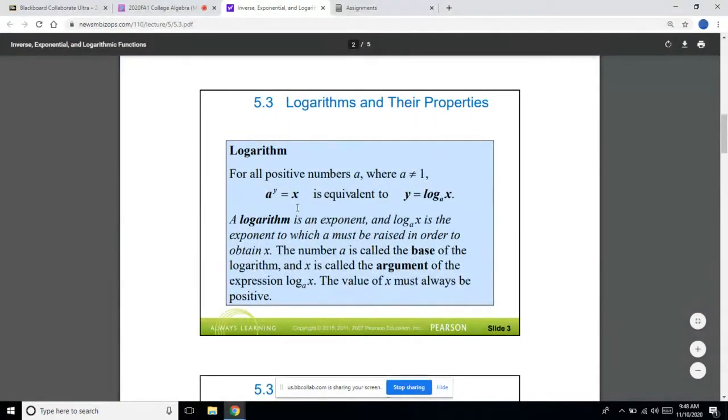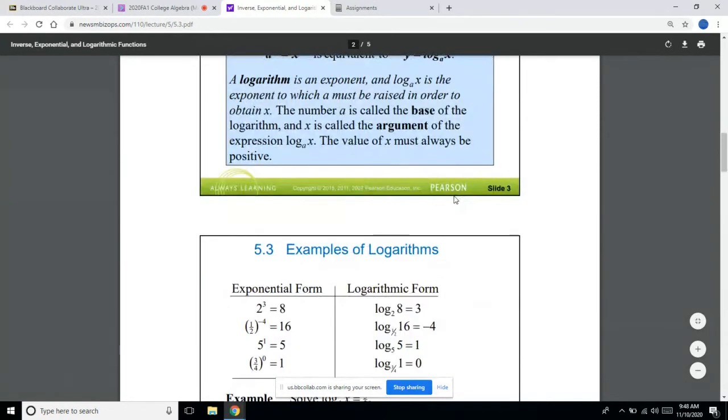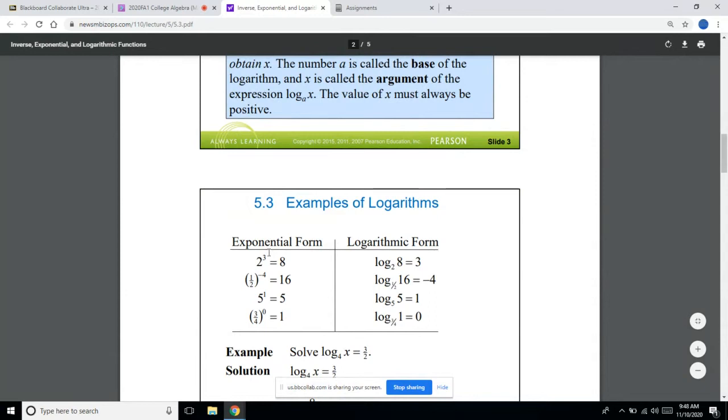And lastly, we have x, which is the argument. So notice we have a raised to the power of y is equal to x. When we convert that to log form, x is actually the argument of our log. Looking at these examples, in exponential form we have 2 to the third power is equal to 8.